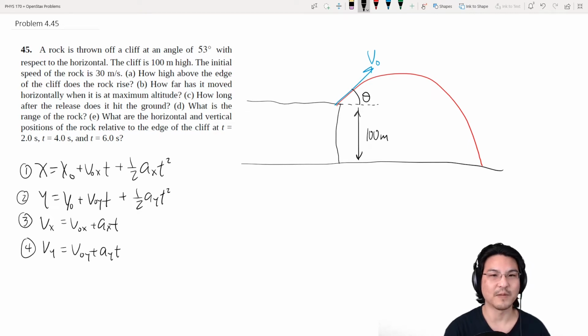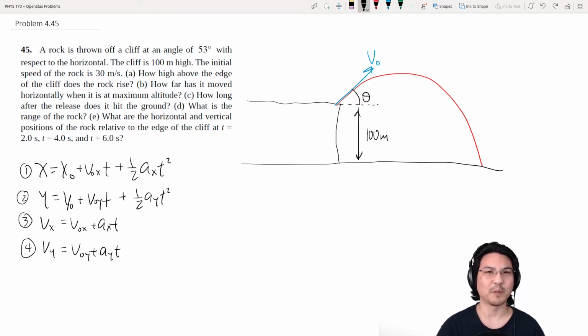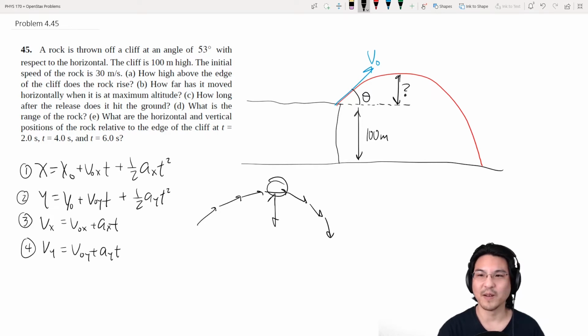Okay, so this first one: how high above the edge of the cliff does the rock rise? Of the formulas you know, what pertains to this question? So it's like, how high is this right here? If you look at the velocity of the rock over time, at the maximum height the velocity is horizontal.